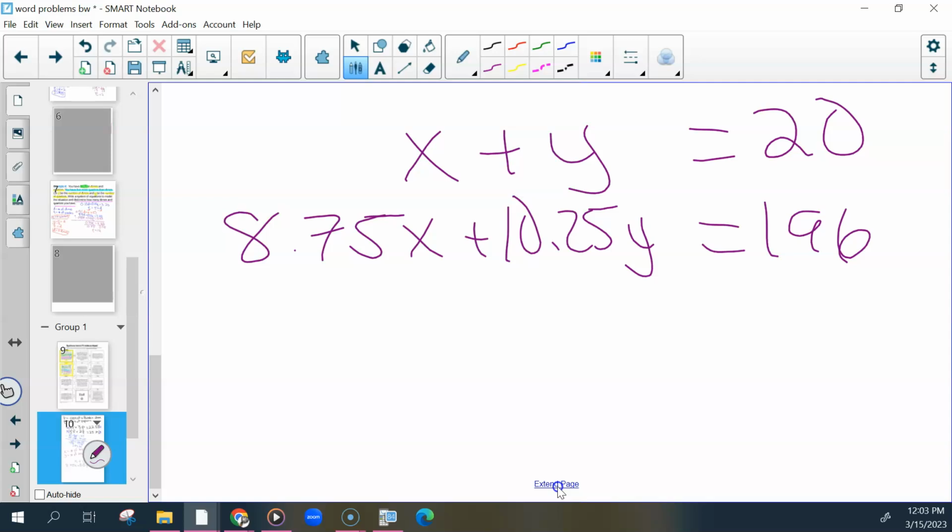So let's solve this one for y by getting rid of x. And then put that in for y in the second one.